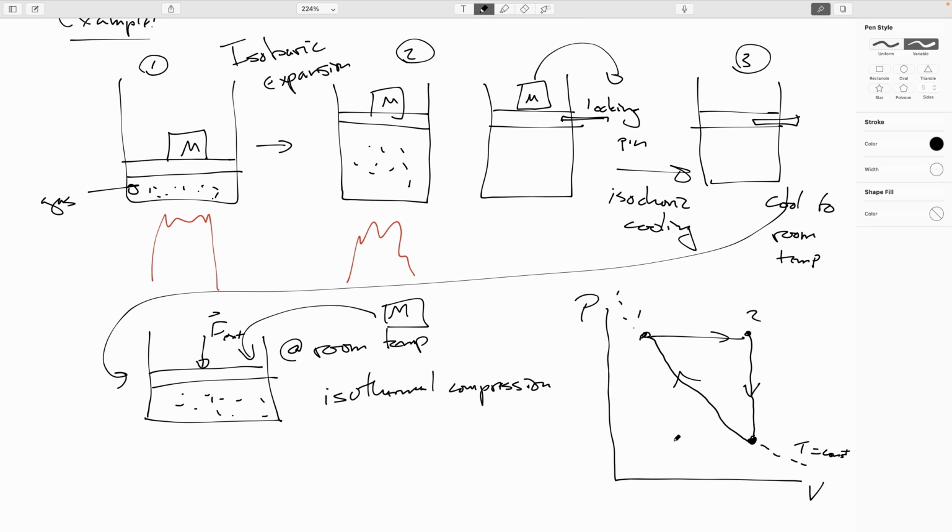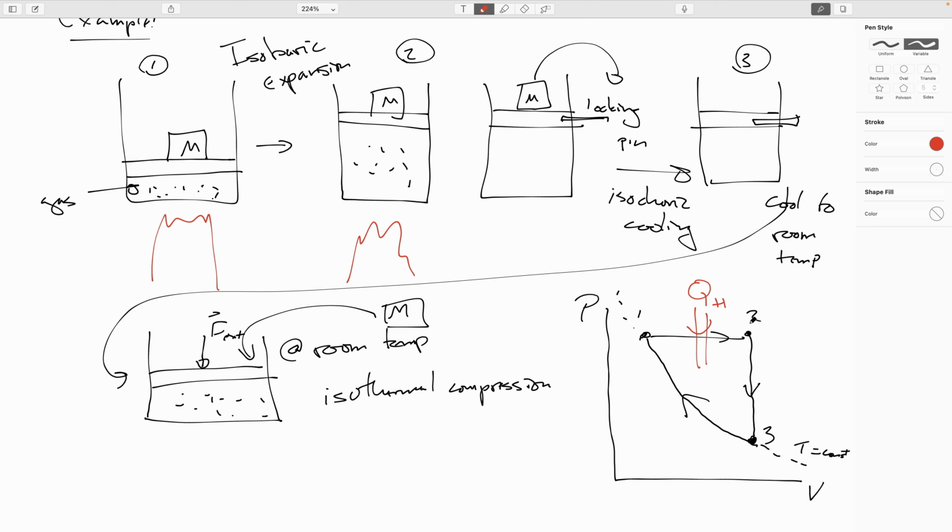And then finally, we return along an isotherm. There we go. So this would be my isothermal compression. So my cycle will be going 1 to 2 to 3. Now, in the first step, from 1 to 2, the isobaric expansion, we added heat by burning the Bunsen burner.